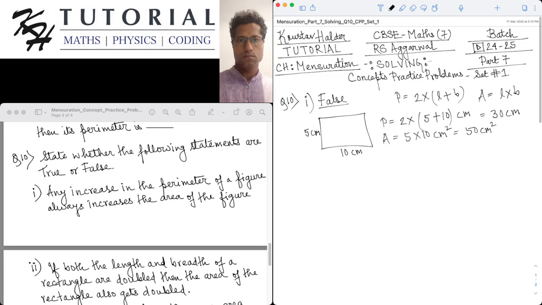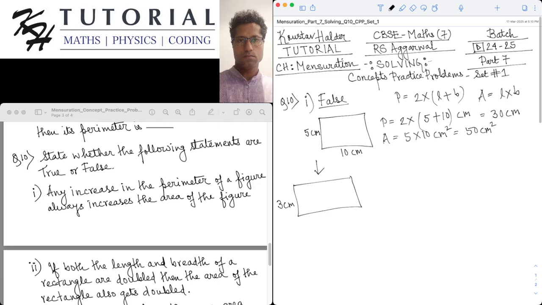Now let's say I manipulate the length and breadth so that the breadth I am decreasing by 2 centimeter, and remember that I have to manipulate the length and breadth in such a way that L plus B will increase, but L into B will decrease.